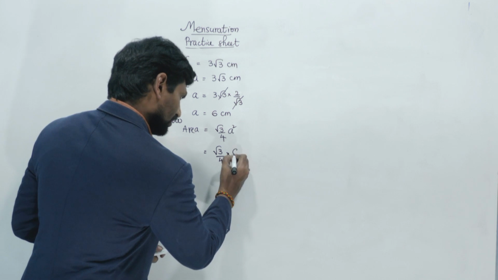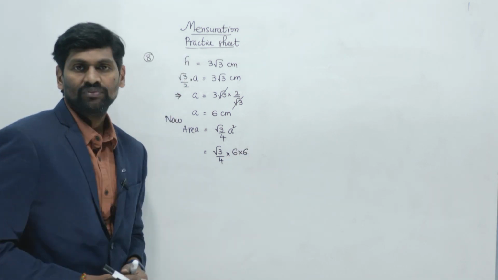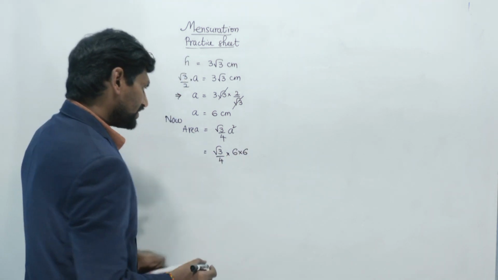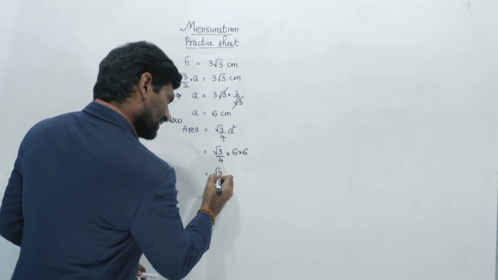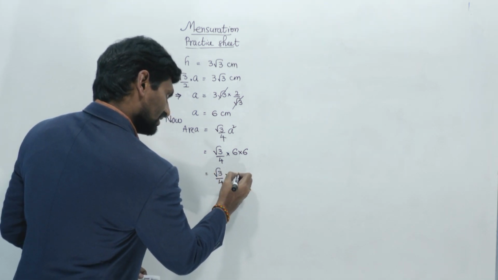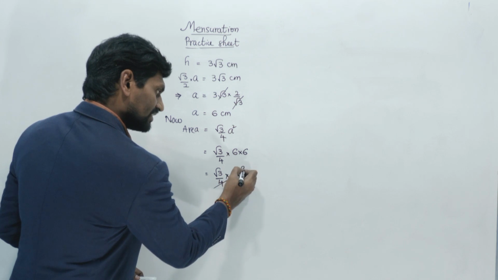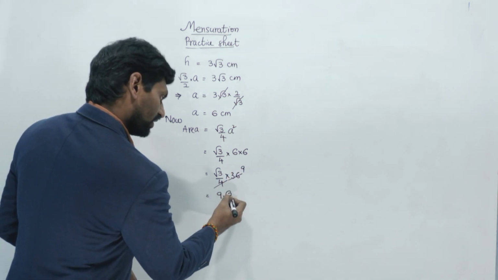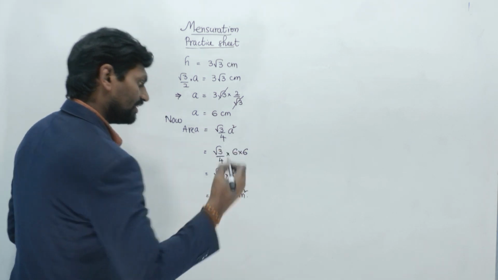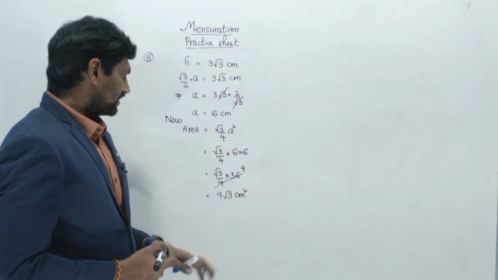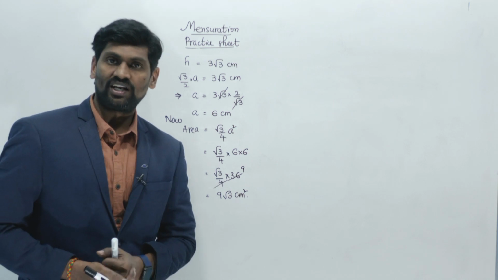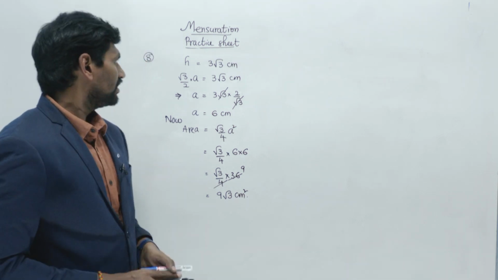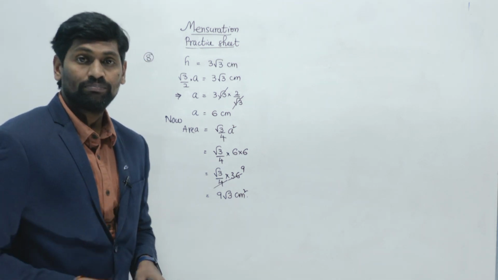A square is nothing but 6 into 6. 6 6s are 36. Now 4 table, 36 exactly 9 times. So 9 into root 3 is 9 root 3 centimeter square. This is the area of the equilateral triangle. Now let us go to problem number 9.